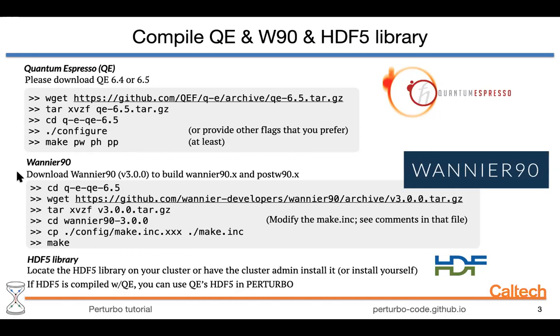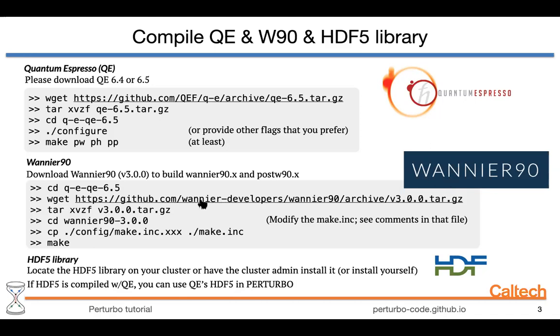Although Perturbo doesn't use any subroutines from Wannier90, it will read some output files from Wannier90. So we still need to install Wannier90. Here we change into the Quantum Espresso directory, and we provide a link to get the source code of Wannier90. If this link doesn't work, you can go to the Wannier90 website or its GitHub repository.